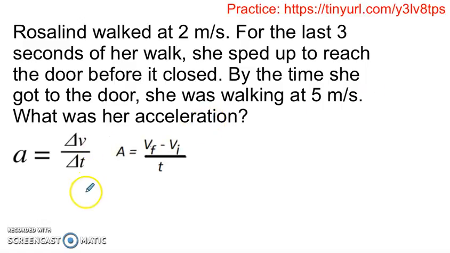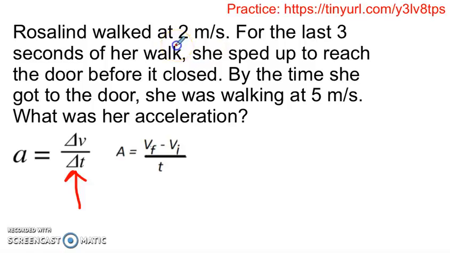Now, we have already seen the formula look like this: change of velocity over change in time. Sometimes you see this formula looking like this. This is literally final velocity minus initial velocity. But I think you probably have enough common sense to know that that's the difference or the change in velocity. So let's see what the change of velocity is. Velocity is in meters per second. I see meters per second here and meters per second there.